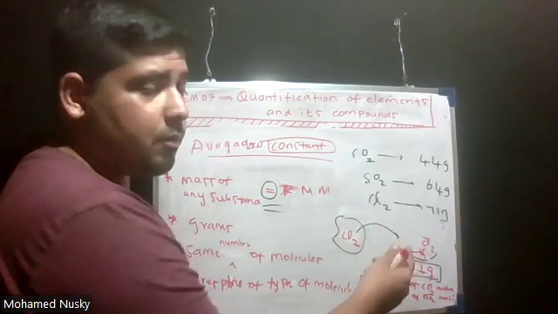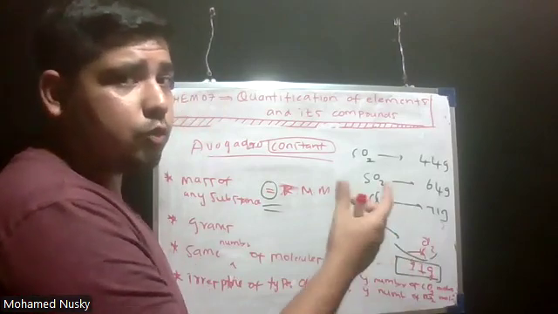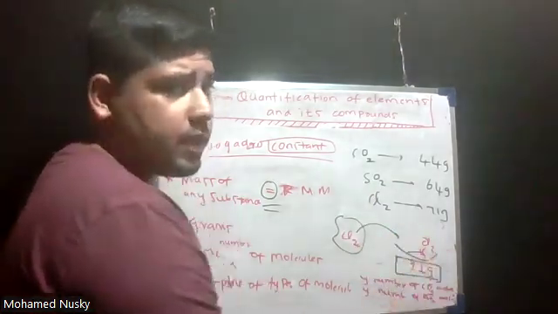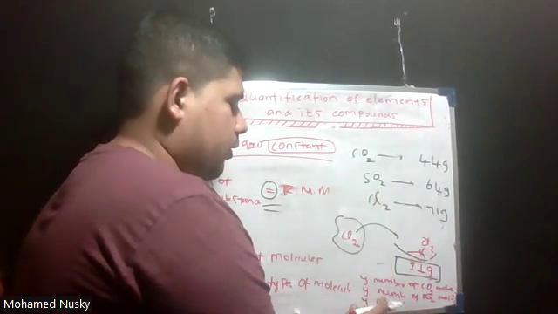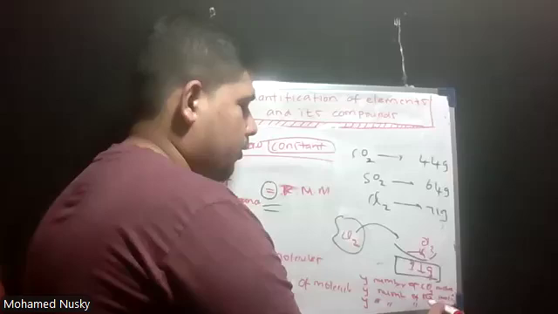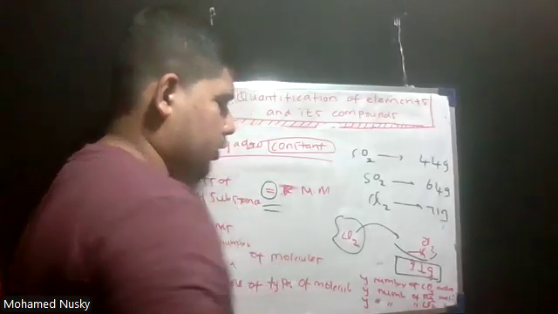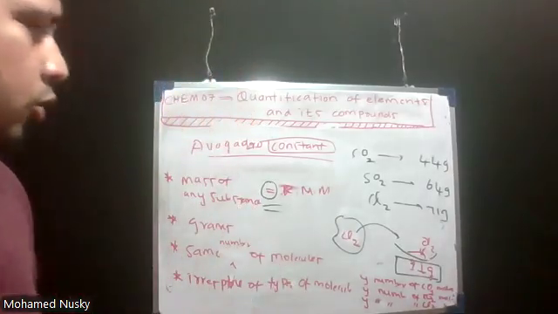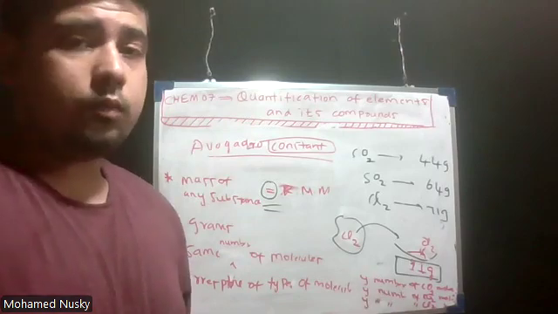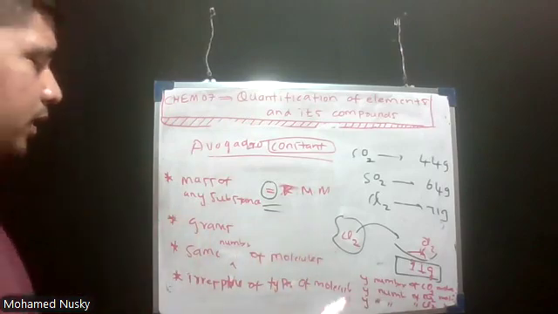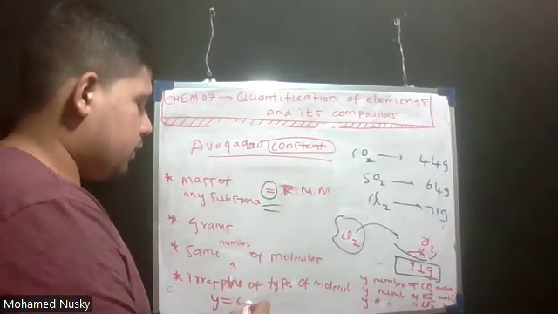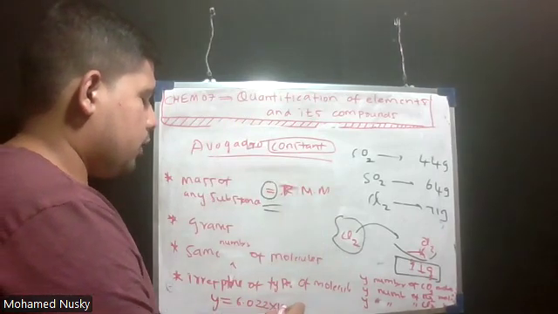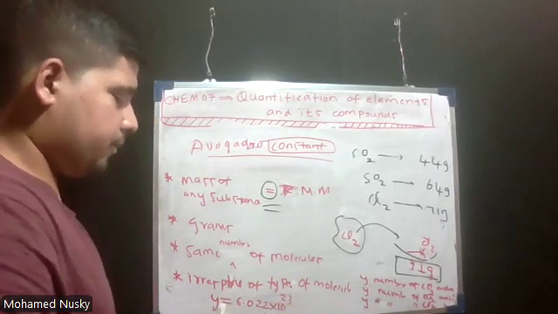There will be a certain number of Cl2 molecules in these 71 grams, and that is also Y number of Cl2 molecules. So this should have a value. What is that value? It is the same value as for atoms. That Y is equal to 6.022 into 10 to the power 23.